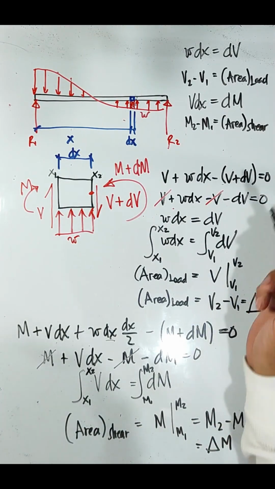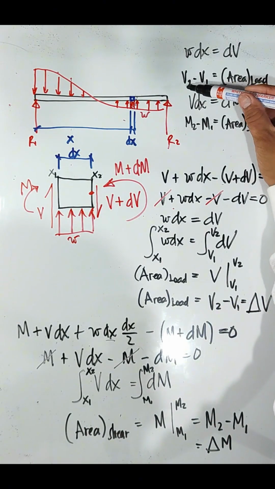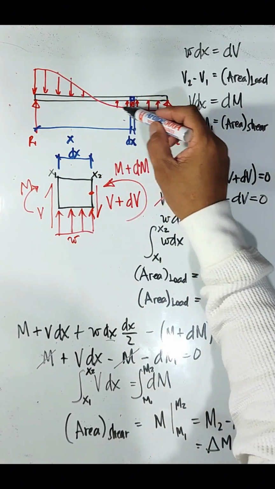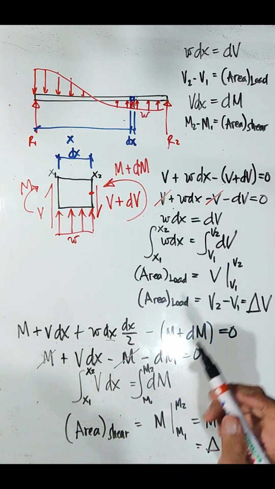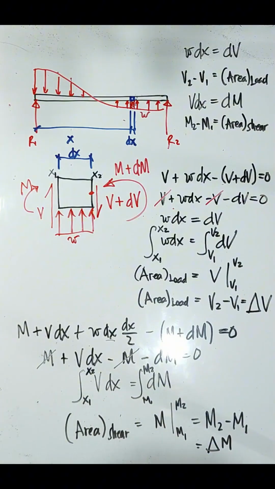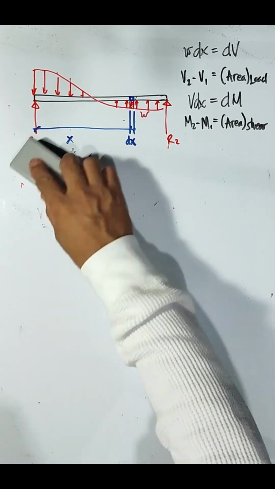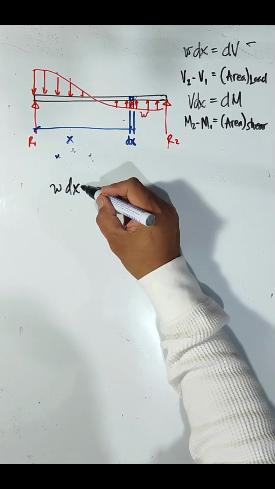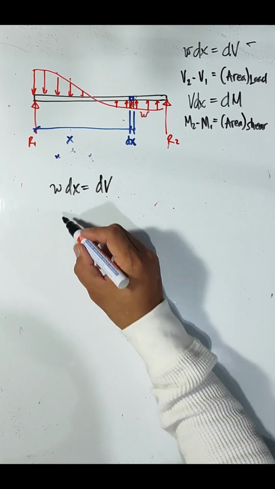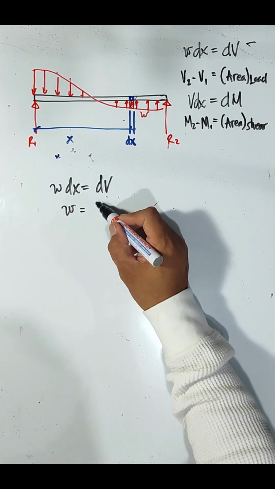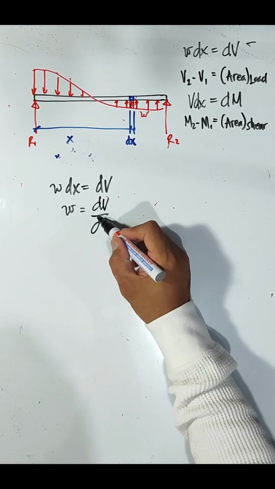So we have to remember that the change in shear in the shear diagram is just the area under the load diagram. Then the change in moment is the area of the shear diagram. From W dx equals dV, that means our W is dV over dx.